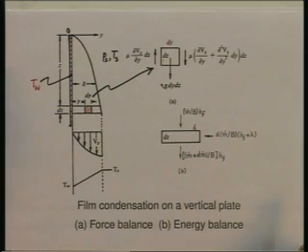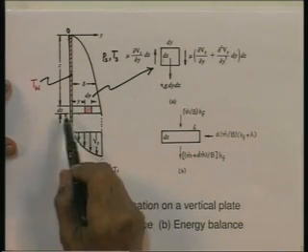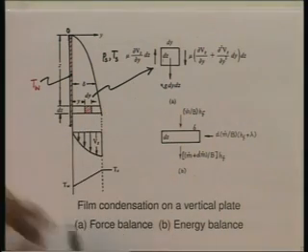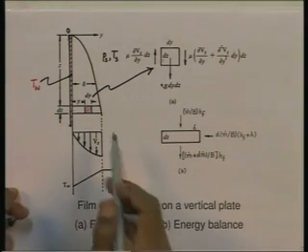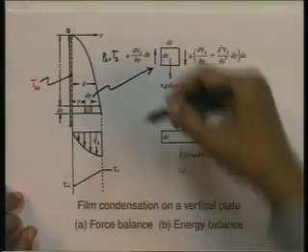Let us take a control volume which is a slice, the slice of the film between the section z and z plus dz, and let us apply the first law of thermodynamics to this slice. Now, an enlarged view of this slice is shown here.